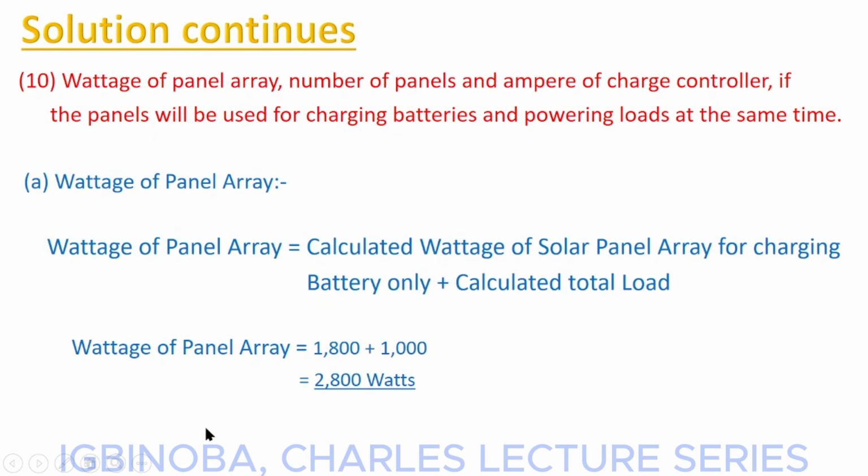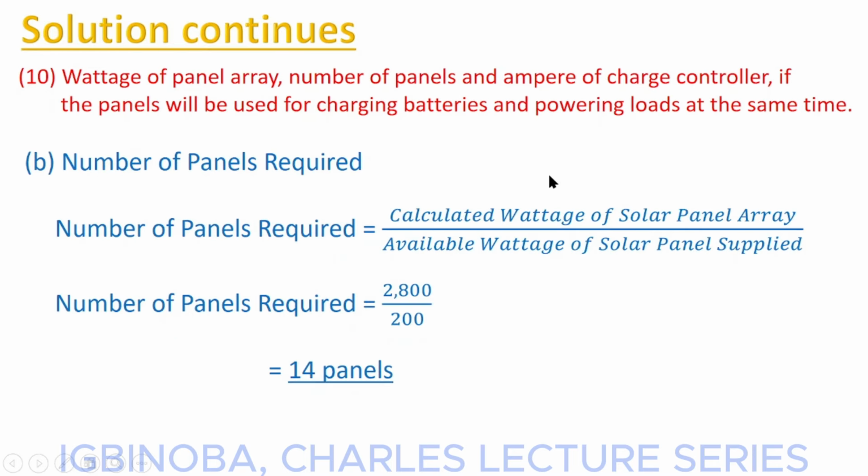You are going to add it to your calculated wattage of your solar panel you just calculated when you assume that you are using it to charge the battery alone. So by the time you add this wattage to this, you have a total wattage of 2800 watts.